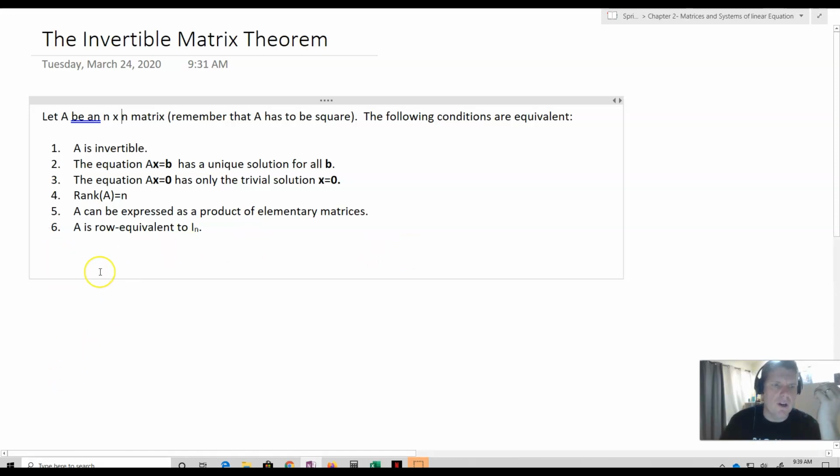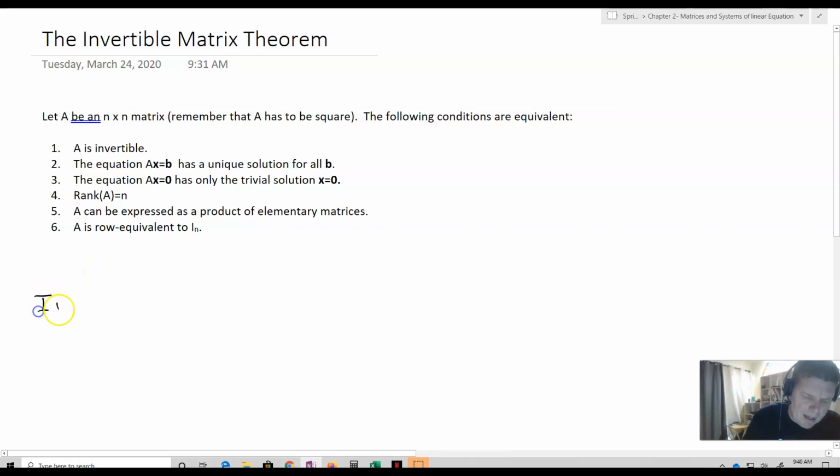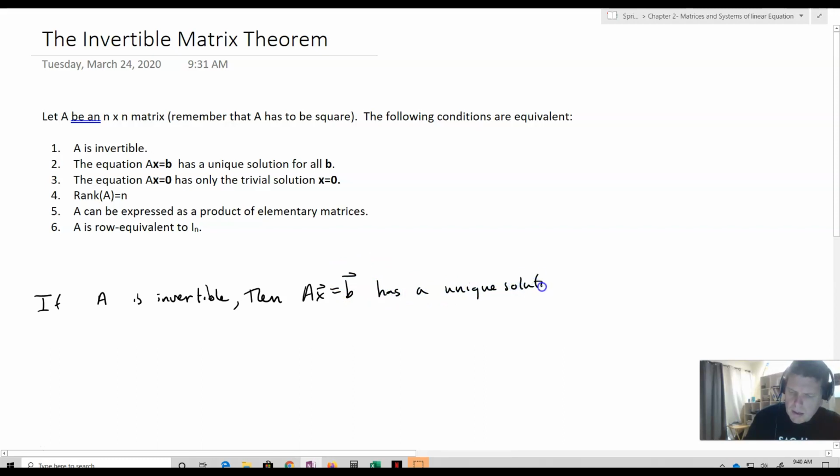All right. So first, let's say that if A is invertible, then AX equals B has a unique solution for all B. So we start out with: let A be invertible.